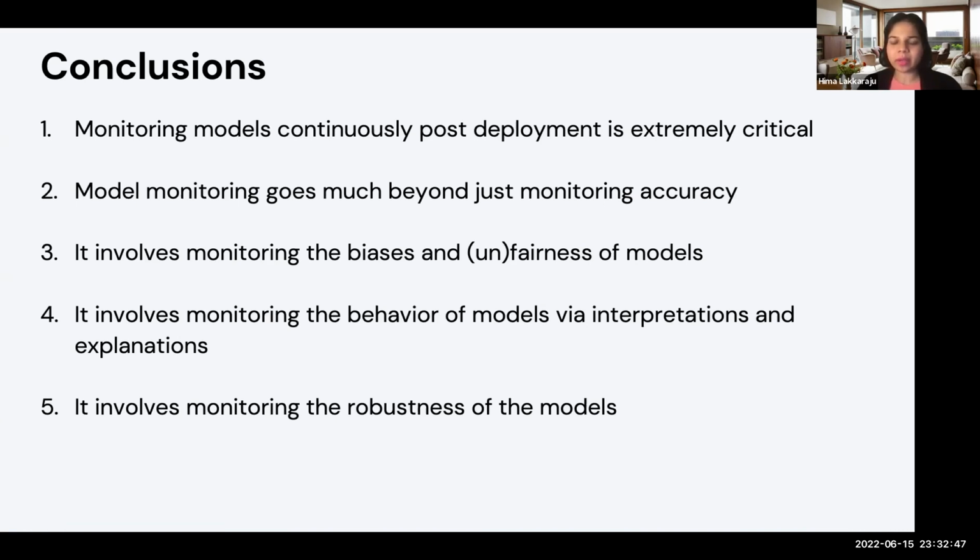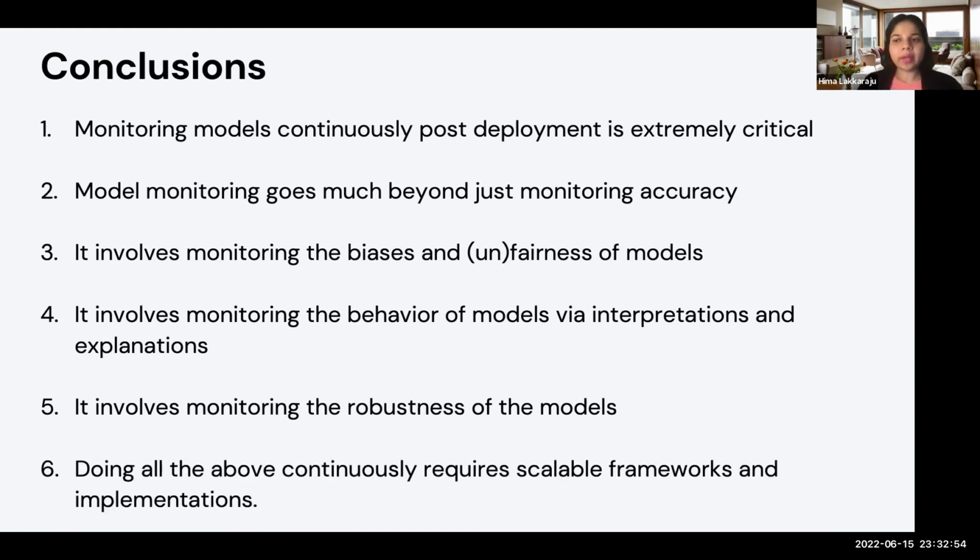To this end, we need to continuously monitor the robustness of these models. And doing all these aspects continuously requires scalable frameworks and implementations. And we need to think a lot more deeply about the scalability aspect, which can be like the backbone of model monitoring in real world applications.